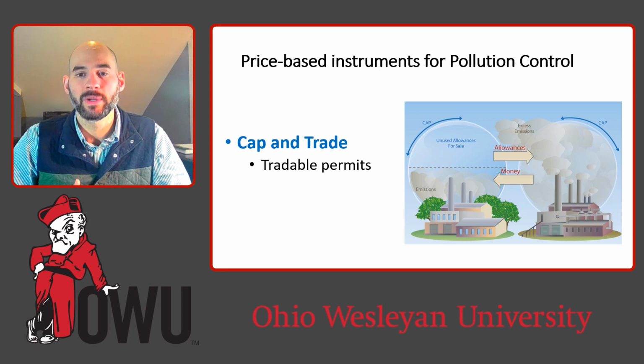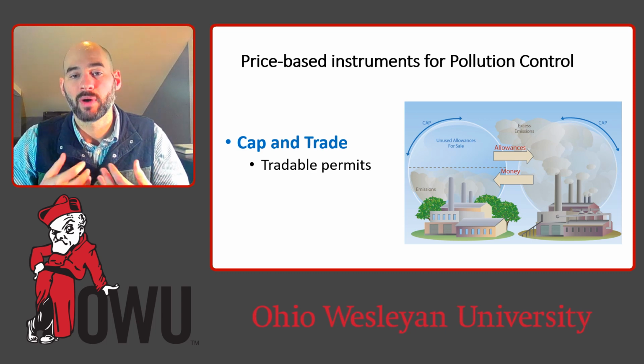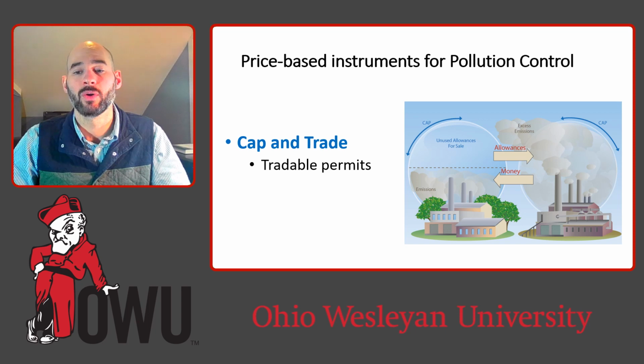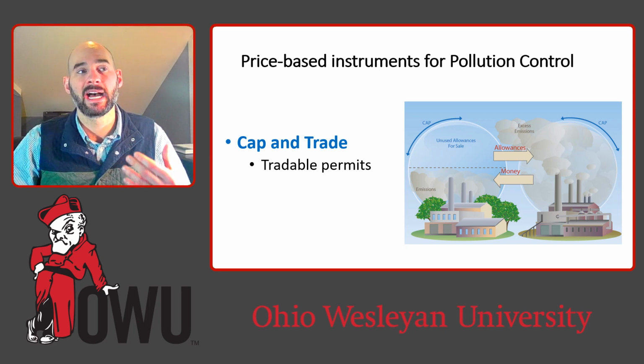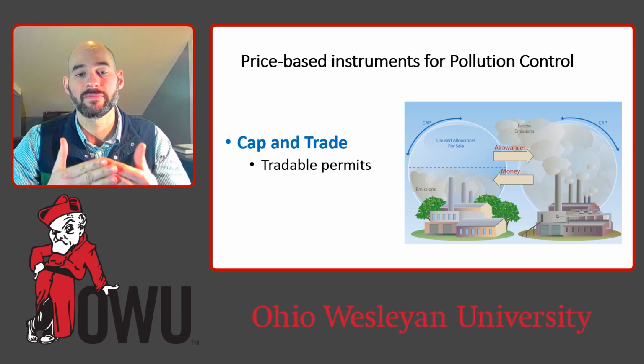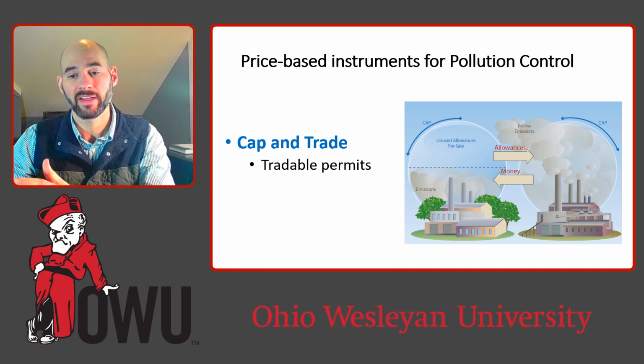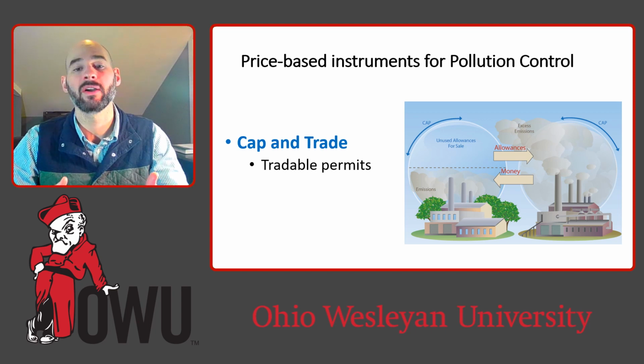So using what we now know about price-based instruments for pollution control, let's apply this taxation or fees on emissions rather than on products approach to thinking about cap and trade and markets for tradable permits.